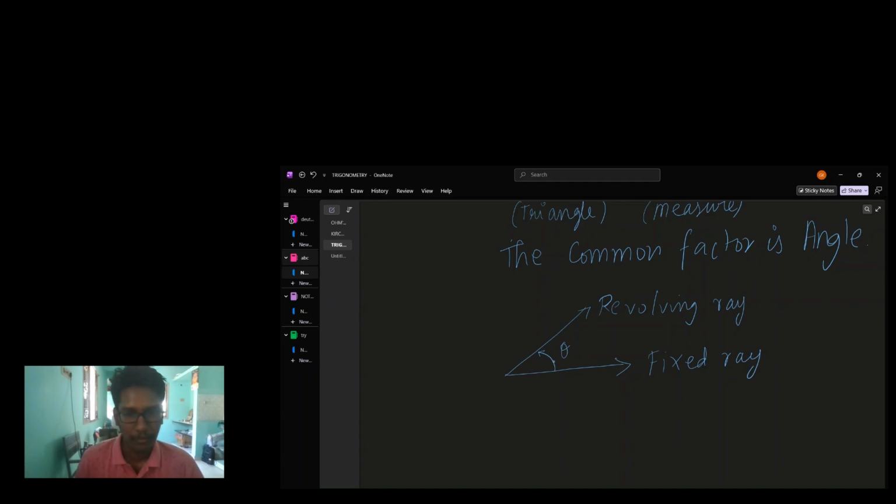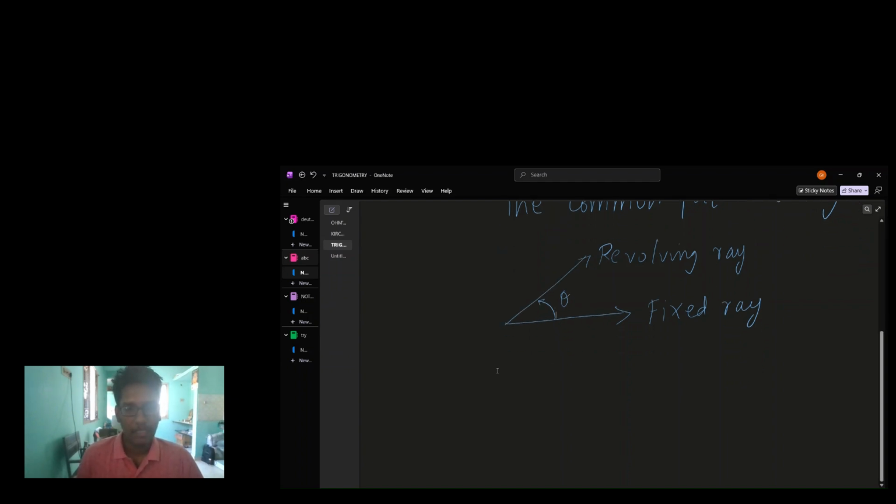So theta is the symbol for angle, and there are three basic ratios with which trigonometry currently deals. Two are the basic ones and the other one is a derived quantity. I'll tell you one by one.